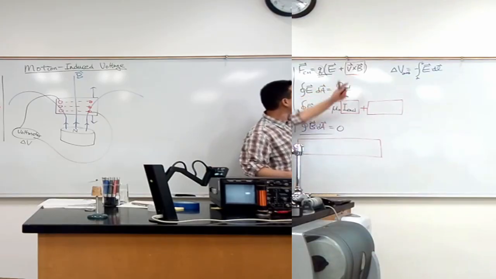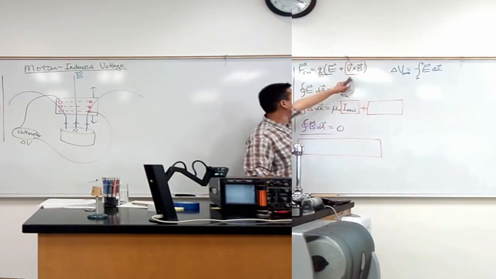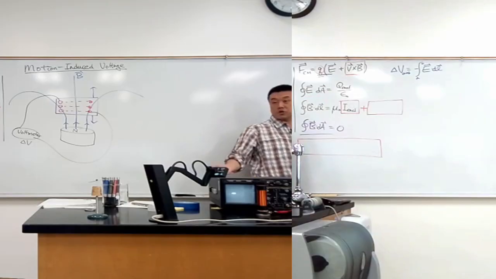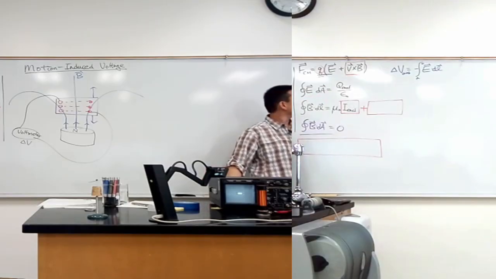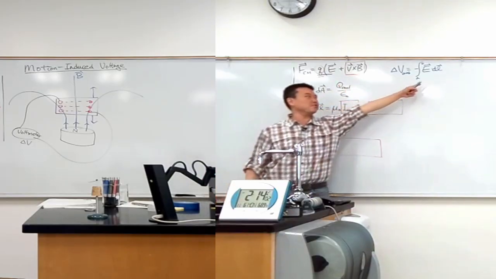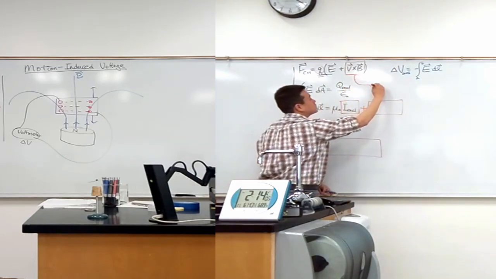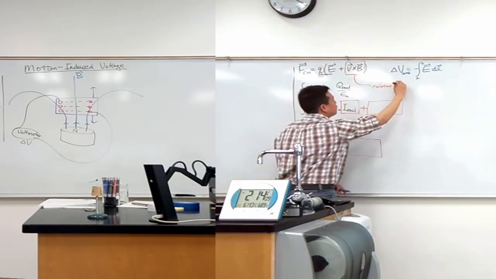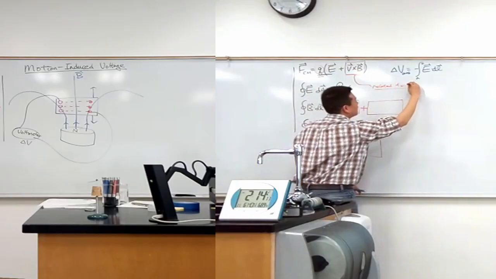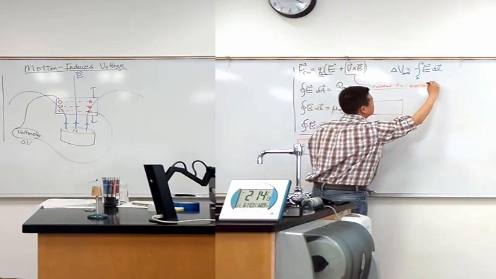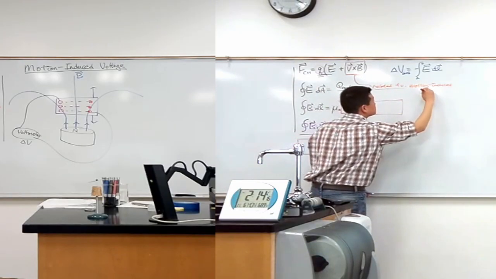So yeah, this is V cross B. This is what your textbook calls motional EMF, or I guess you have to do the line integral of that to get the motional EMF. But it's related to what I'm going to try calling motion-induced voltage.